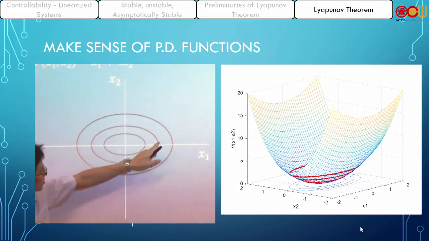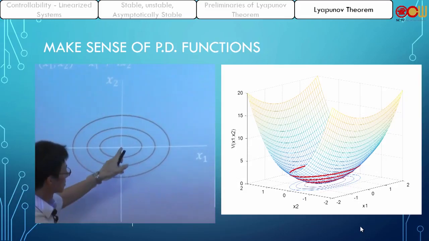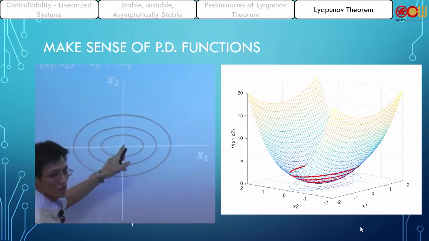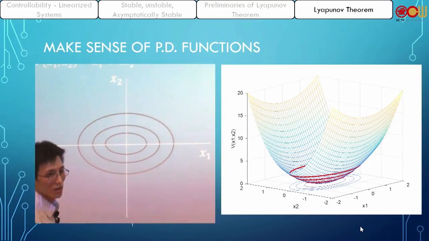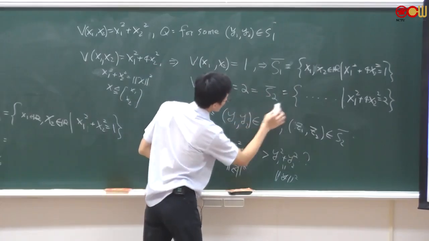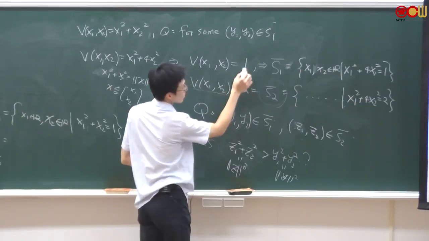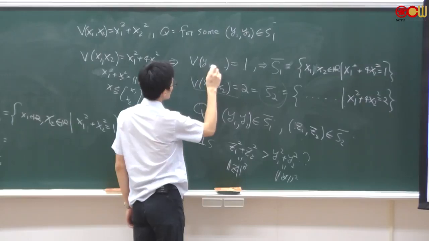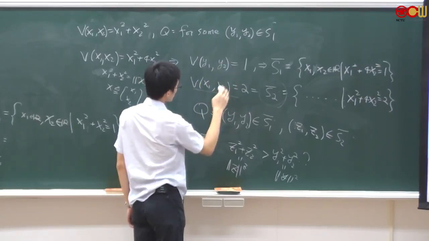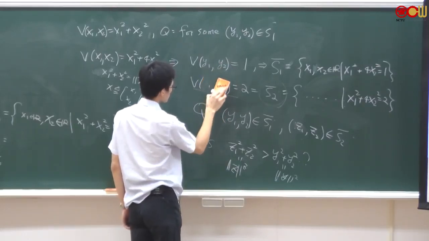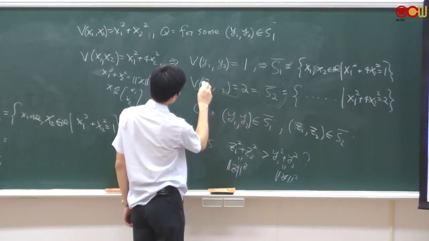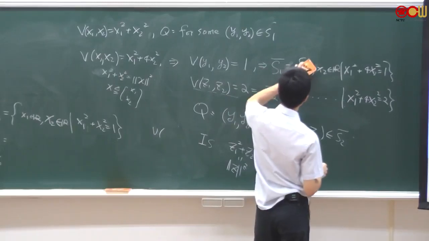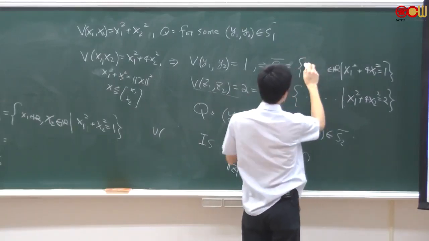Is the distance of this satellite to Earth always greater than that of the other satellite? Is that true or not? In this set, the V value is greater than in this set. Sorry, too many arguments. Let's be consistent: y1, y2, z1, z2. Otherwise, you'll be confused.